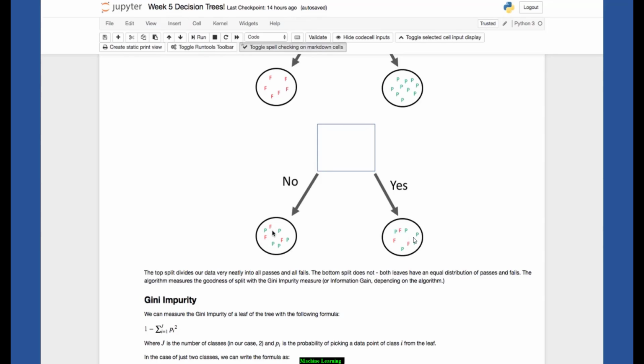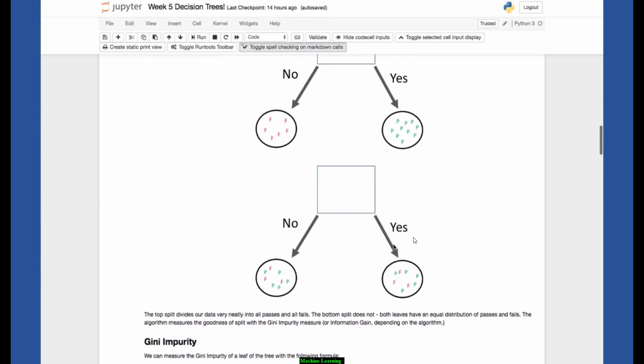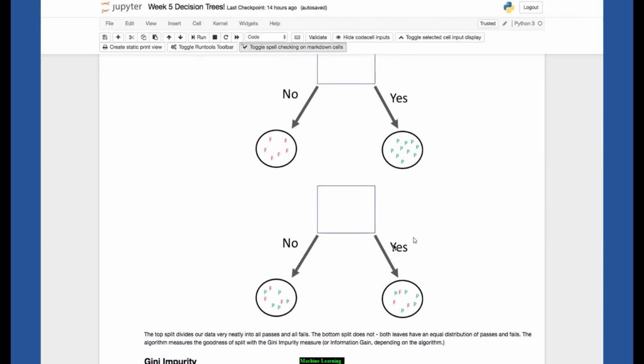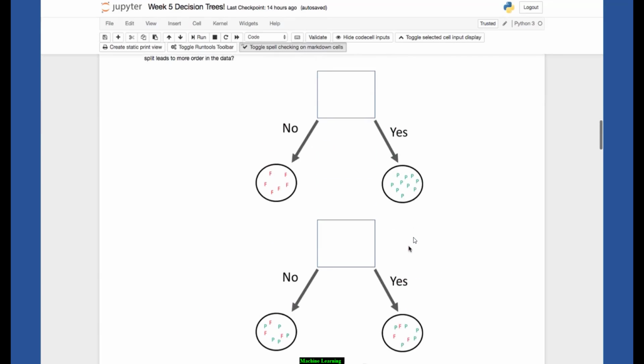So the pass rate is the same in both of these groups. I'm also pretending that we only have 16 rows of data, 8 in this split and 8 in this other split, and the fail ratio is the same. So which one of these do you think is a better split?